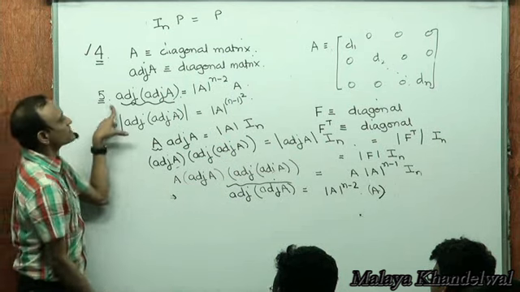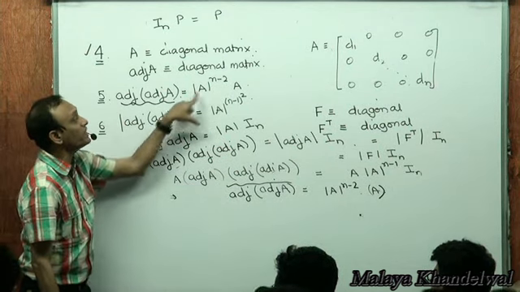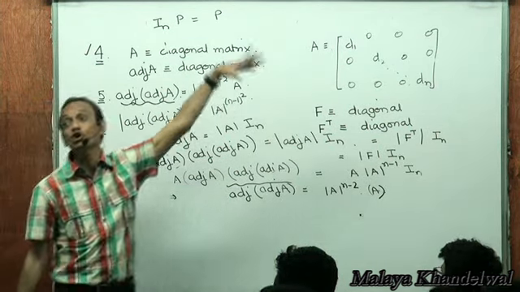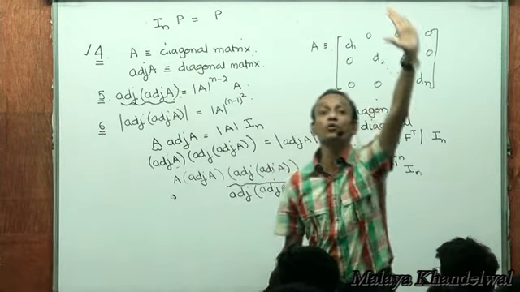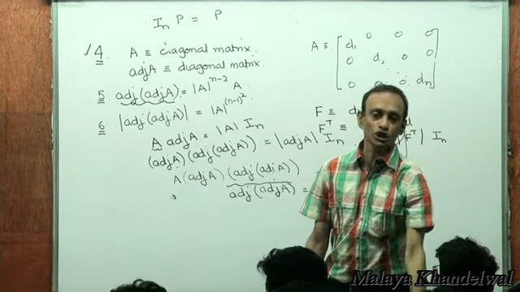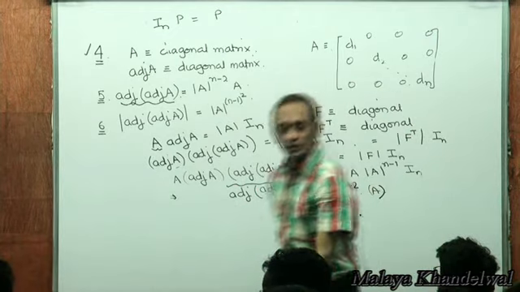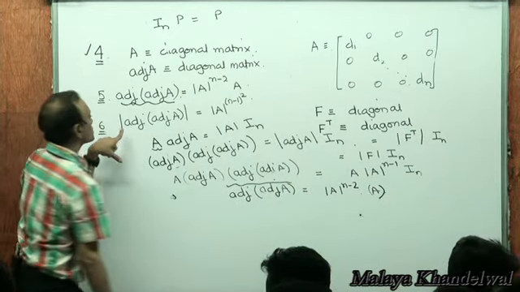All right, so this brings us to result 5. Adjoint of adjoint A is determinant A to the power n minus 2 times A. Obviously, all of this provided A is non-singular. A is non-singular. Good? Right? Now let's look at this result.